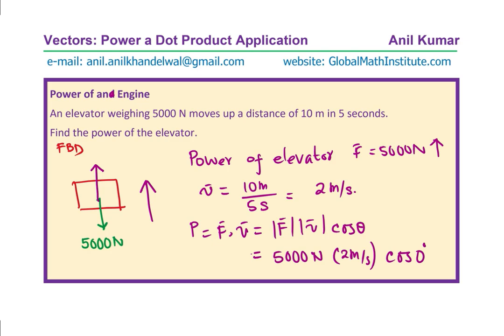And therefore, we get this answer as 5,000 into 2, which is 10,000 watts. You get an idea. So that is how we are going to calculate the power of the elevator in the given question. I hope the concept is absolutely clear.